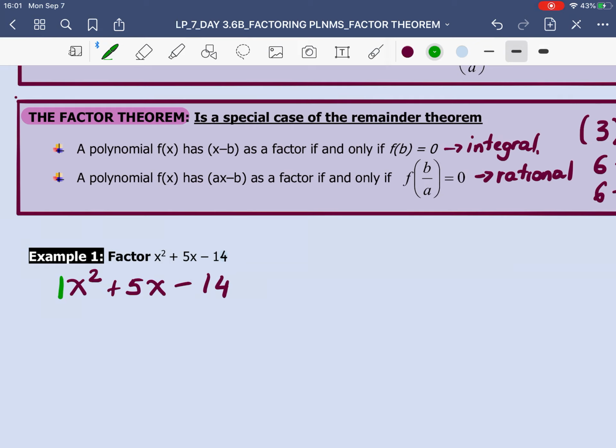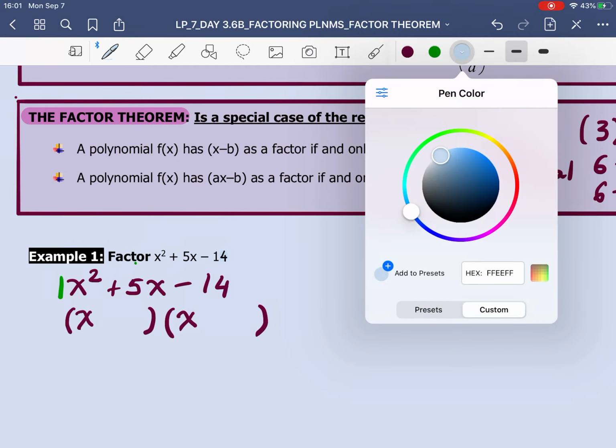So the way we factored these trinomials was write two sets of brackets and then write x as the first term in each set of brackets. So each set of brackets will host a binomial, which is a factor of the polynomial here. And then we said that we need to find two numbers that would have the sum of 5 here.